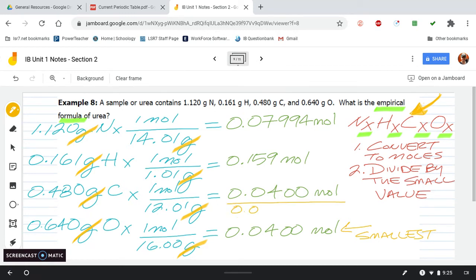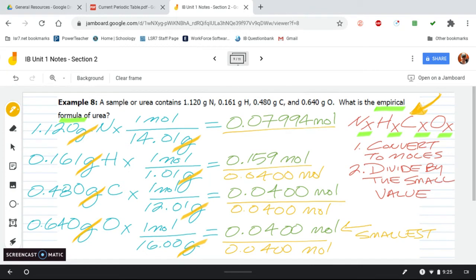So this gets divided by 0.04. So does this. And you guys kind of get the idea. They're all going to get the same thing because whatever you do to one, you have to do to all of them. Now, this is going to turn out pretty nice and clean.